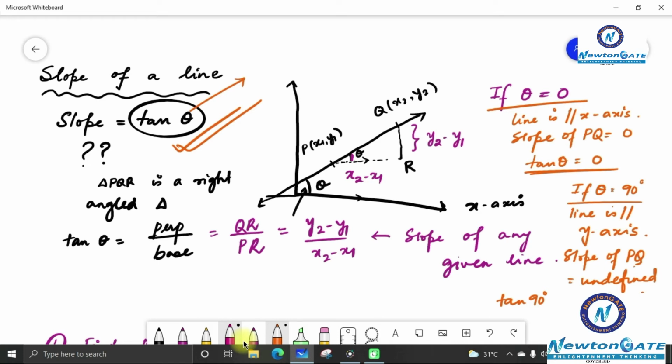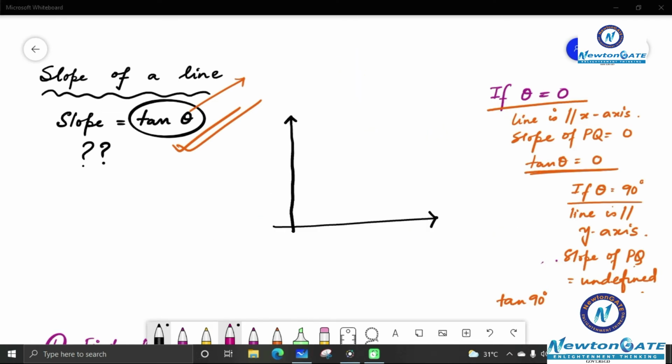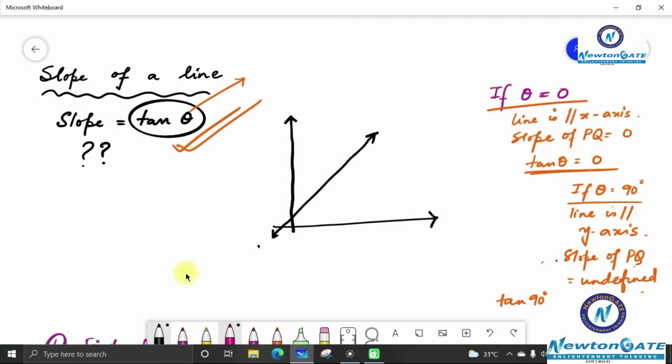So geometrically, if I have to show this concept over the diagram, how do these two conditions look in general? Let's draw the geometrical interpretation of these two cases. Previously, whenever the angle theta is the angle of inclination, our general diagram is like this. So this line is PQ, which is inclined at an angle theta. But what happens when the angle is 0 degrees? Then the straight line looks like this.